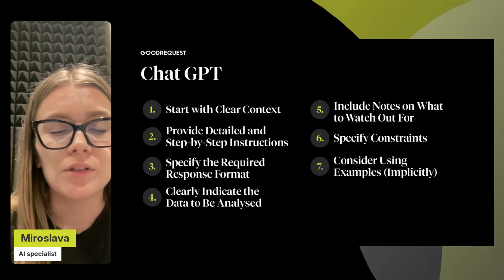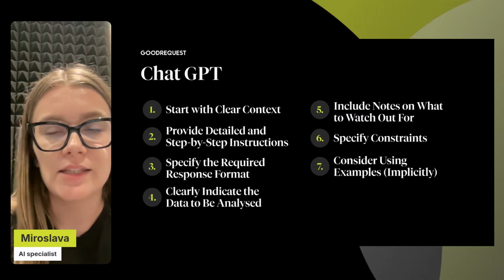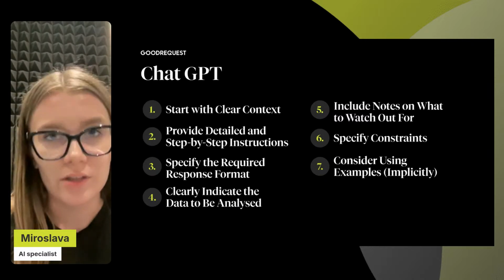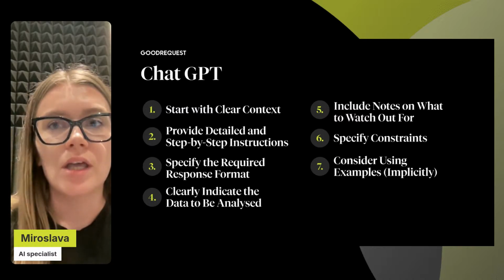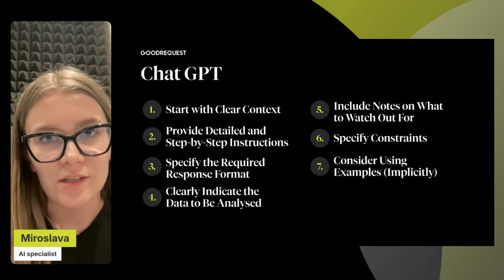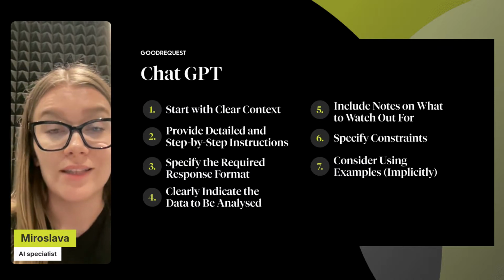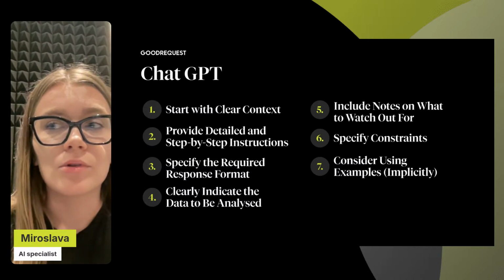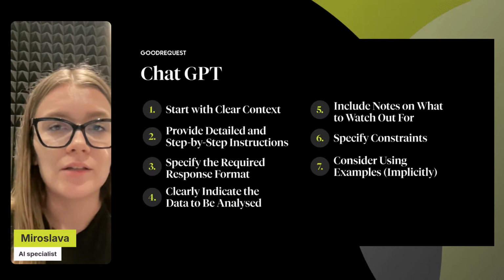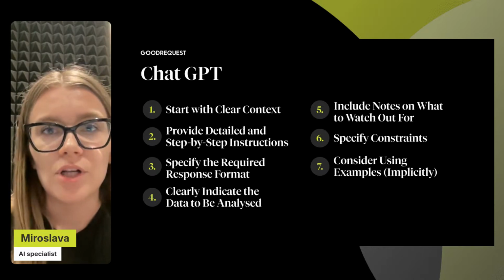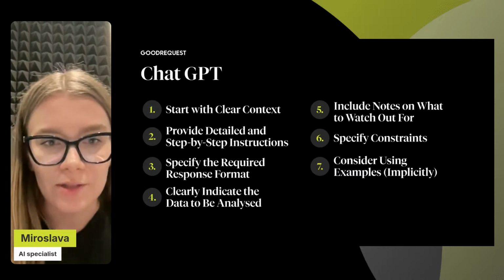Because what GPT does is that it comes with a generalization. So it will not give you the representative sample results as you need when you're doing research, but it will rather give you an example or opinion of an average representative person.